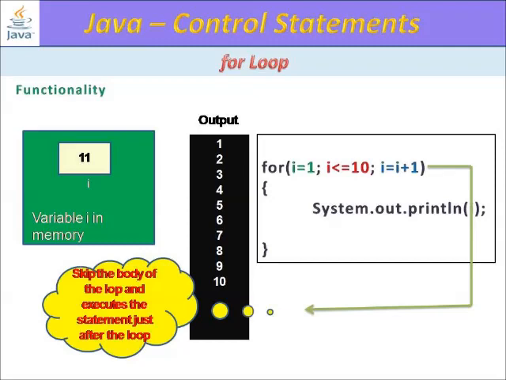Once the condition is false, it jumps out of the body of the loop and continues the execution. So that is what happens here, right? When I is equal to 11, 11 less than or equal to 10 is false. So it skips the body of the loop and executes the statement just after the loop. Okay.